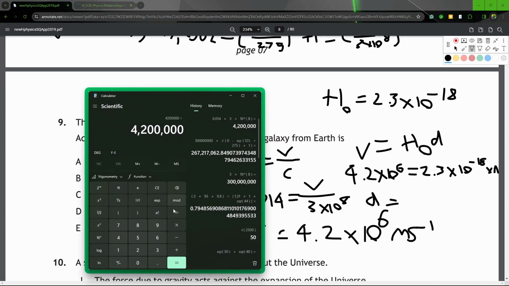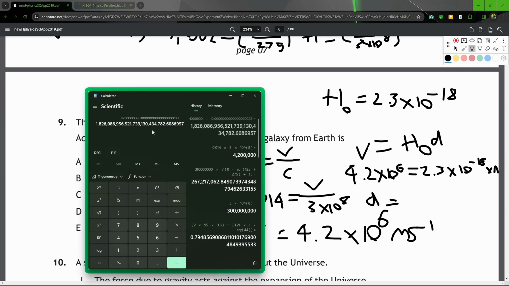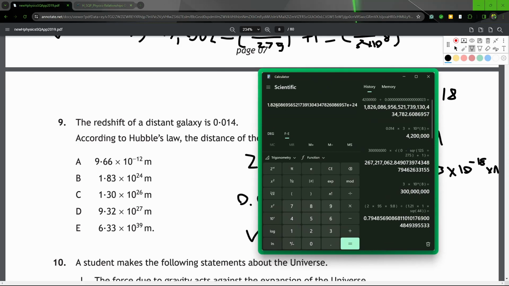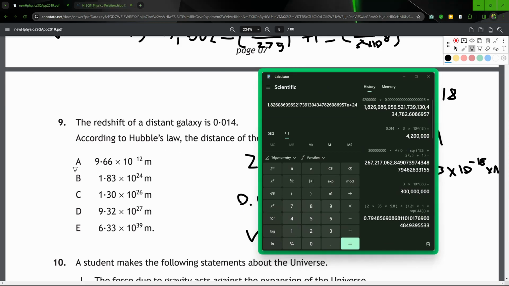So I'm just going to quickly do that. And we get this horrific number, which I've put into scientific notation as 1.82 times 10 to the 24. If we round up, that's 6. That would be B.